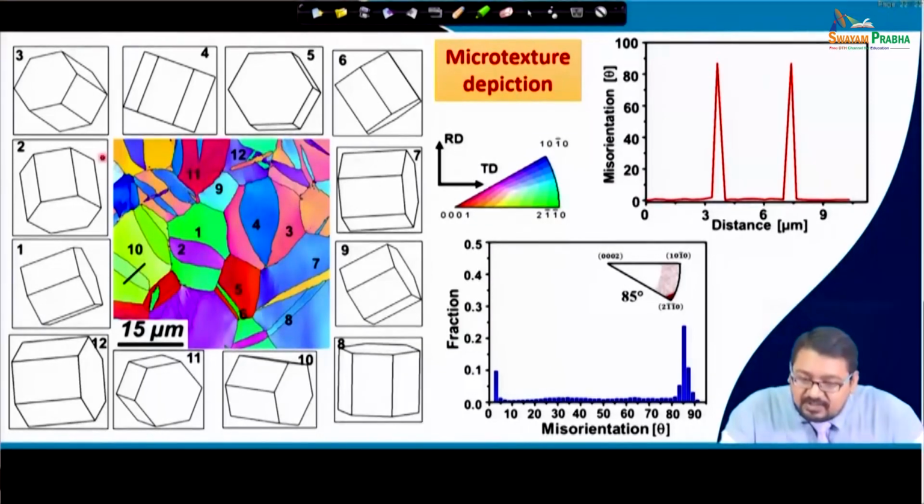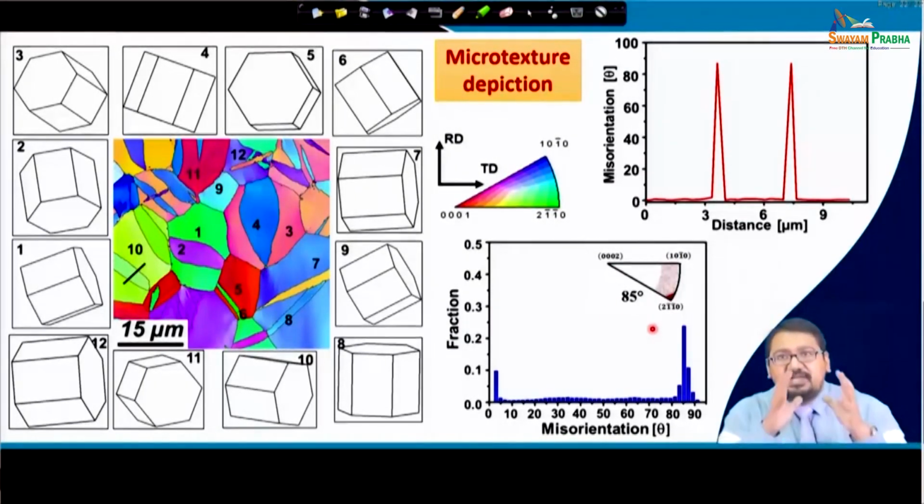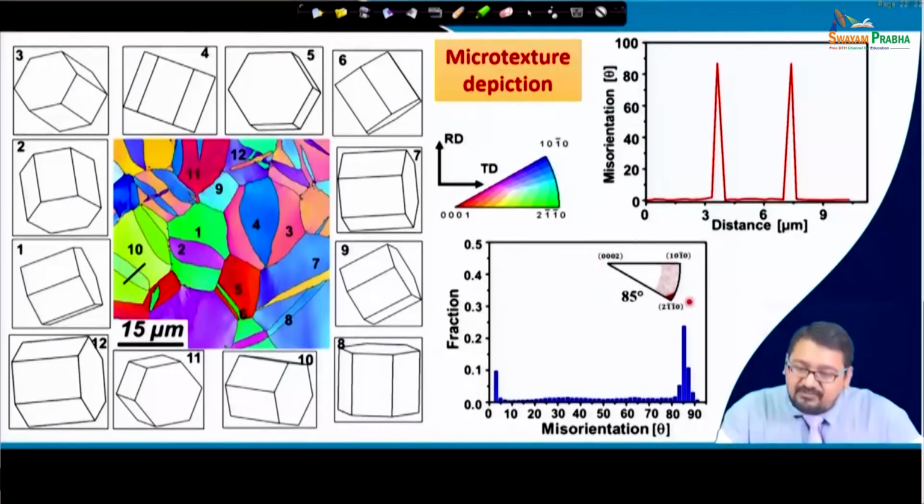If we look into this 85 degree boundary in terms of an angular inverse pole figure like this one, we will see a high intensity at a certain axis, right. This high intensity for this case comes at 112 bar 0.